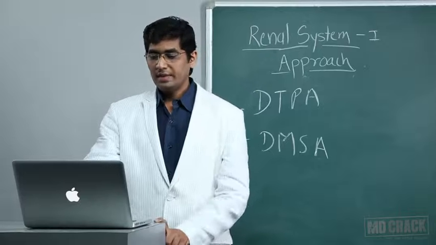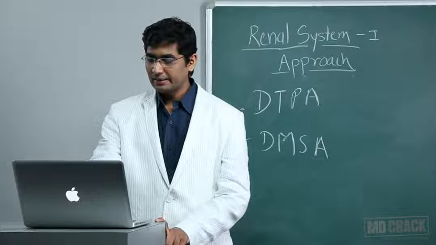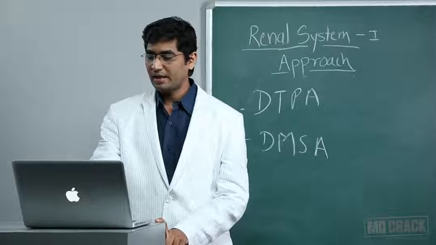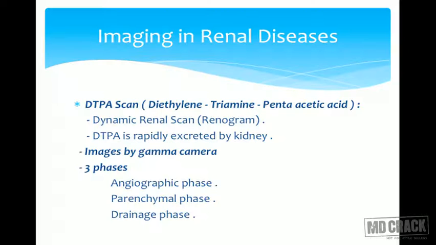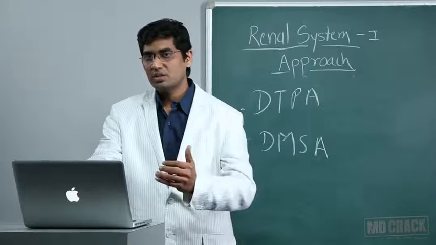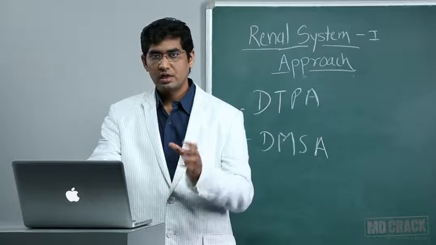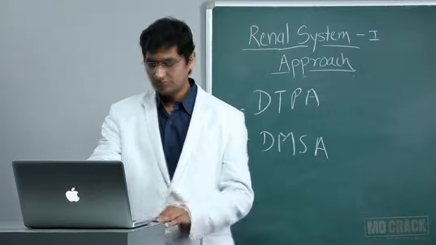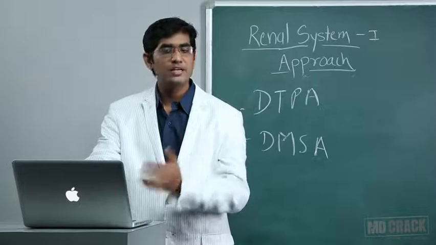So DTPA scan, the long form is diethylene triamine pentaacetic acid. It is also called a dynamic renal scan or renogram. DTPA is rapidly excreted by the kidney, and we give intravenous DTPA, and with the help of a gamma camera we take multiple images. So we have three phases: angiographic phase, parenchymal phase and drainage phase.